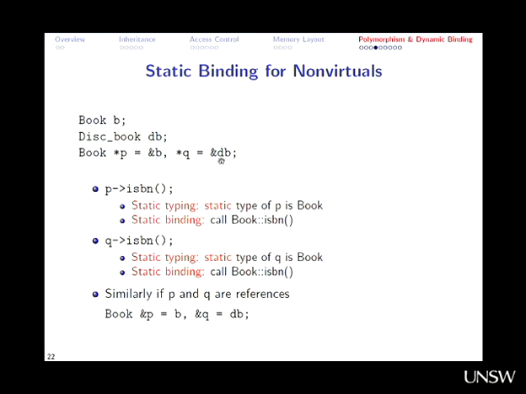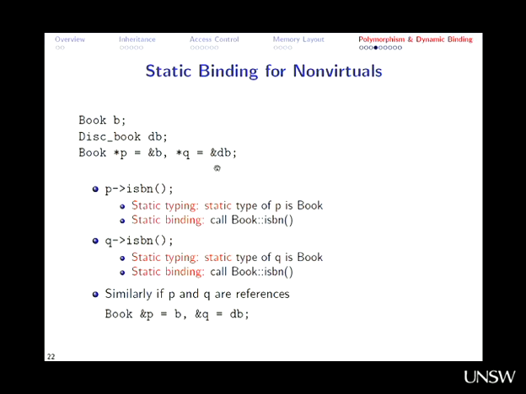Then, once we've done that assignment, we attempt to call the ISBN function. Remember that the ISBN function is not virtual, it was not overwritten; it is part of the book base class. So the static types of P and Q are both book. At compile time, that's a pointer to a book and a pointer to a book.